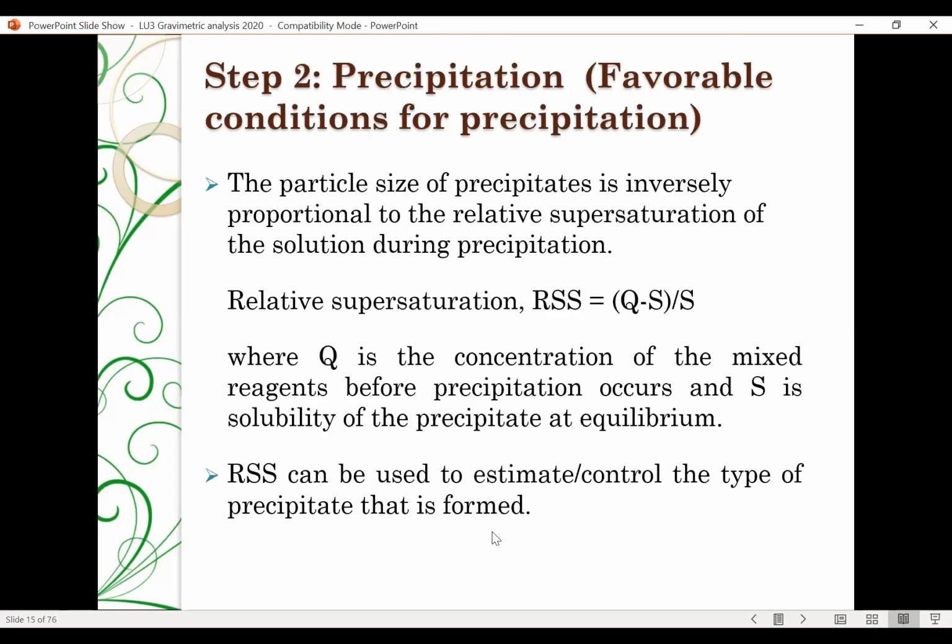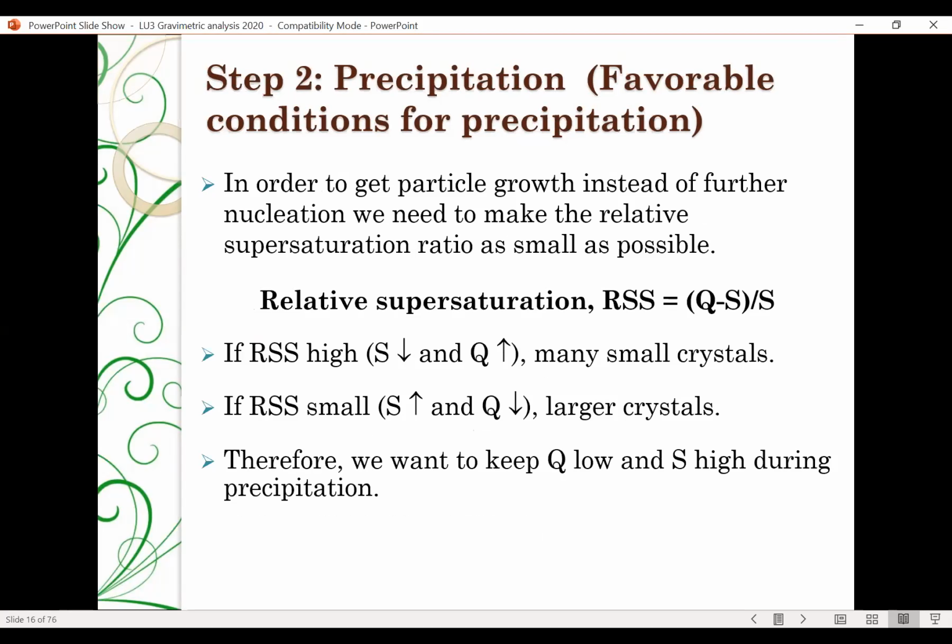Now, RSS can be used to estimate or control the type of precipitate that is formed. We want particle growth, so we need to make the RSS as small as possible, so we can have more particle growth instead of nucleation.